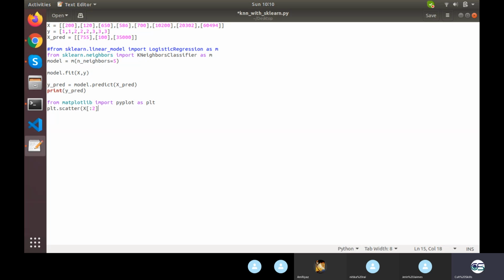So first 2 things, my bad, and similarly y's first 2 things. I want to set the color to r. This is my class 1. Similarly, I want to scatter something from 2 to 5, with color g, and color b, which is 5 onwards.